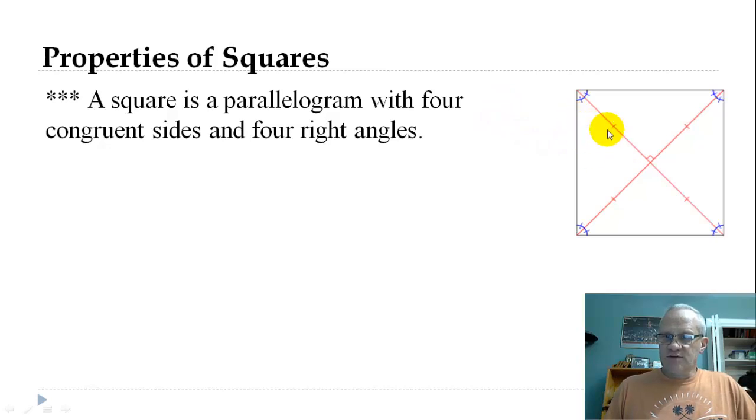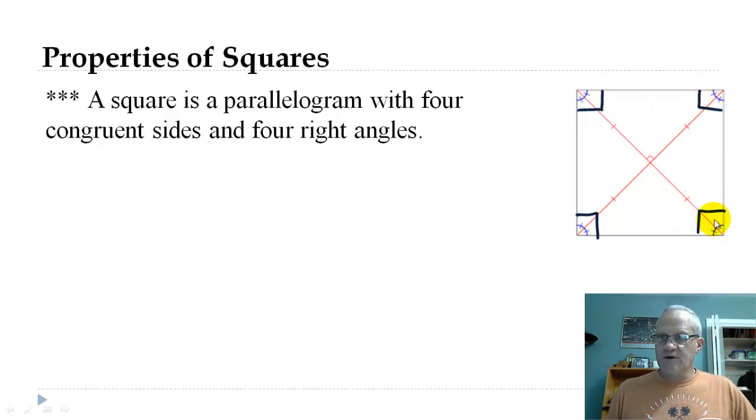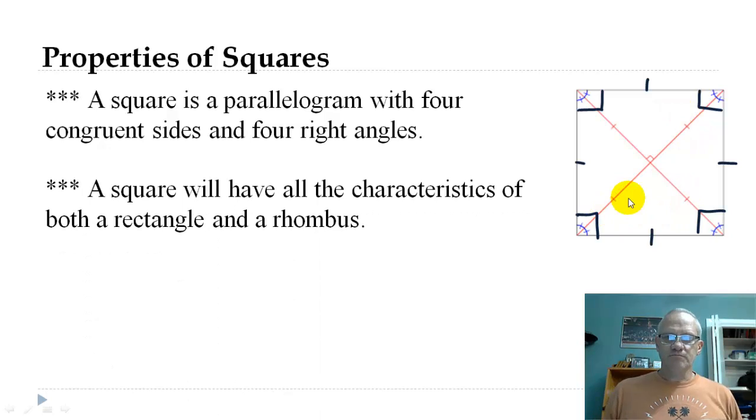Now, in the example that I put over here, that's not drawn in, but when they say 4 right angles, it would be like this is a right angle, that is a right angle, that's a right angle, and that's a right angle. Okay, so a square is just a parallelogram, but it has 4 congruent sides. All 4 of these sides are congruent, and all 4 angles are 90 degrees.